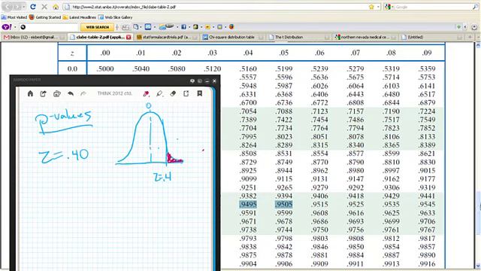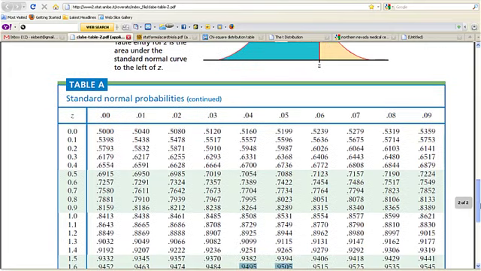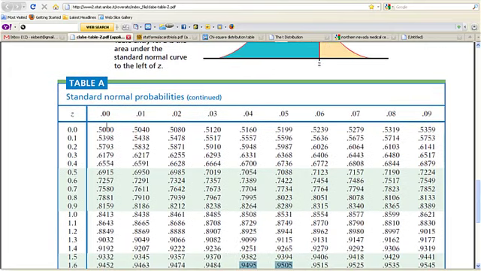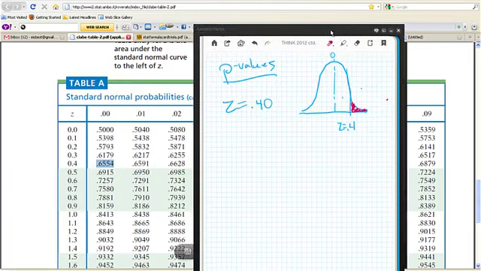So I go back to my chart, and let's look at it. I need to get out of my own way with this for a second, don't I? Go to z equals 0.40, right? Wasn't that it? Well, z equals 0.40 gives me a probability of 0.6554. All right, let me get my paper back up. So 0.6554.